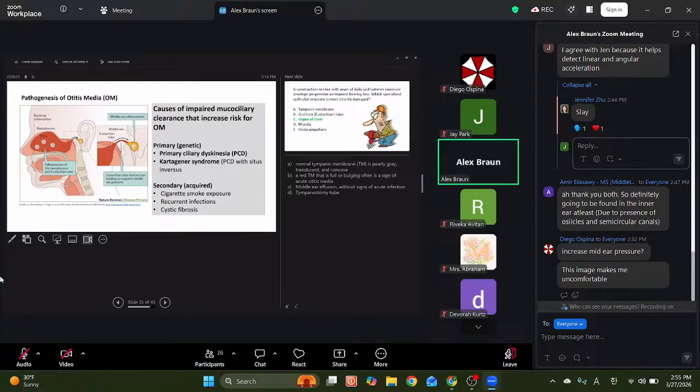Both of those can cause acquired conductive hearing loss, but sometimes there are also genetic abnormalities of cilia functioning, called primary ciliary dyskinesia, where someone's born with a mutation of ciliary protein, which causes abnormally functioning cilia. They don't sweep normally, and again, you get accumulation of materials, which eventually leads to inflammation of the middle ear.